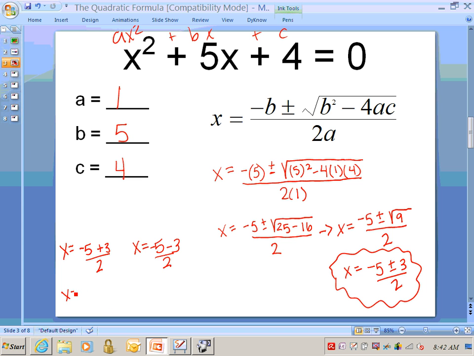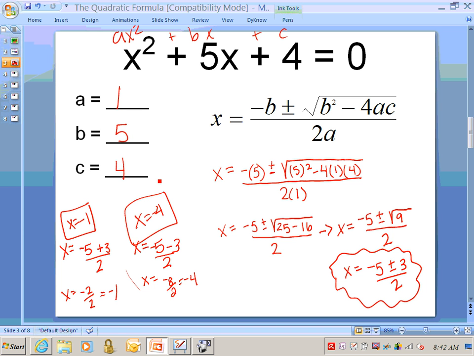X equals negative 5 plus 3 is negative 2 divided by 2 equals negative 1. So x equals negative 1 here. And over here, x equals, what's negative 5 minus 3? Negative 8. Negative 8 divided by 2. So x equals negative 4. Do you see that?